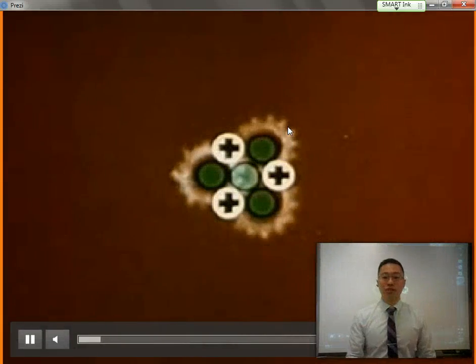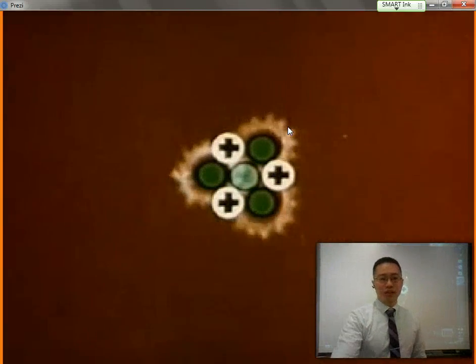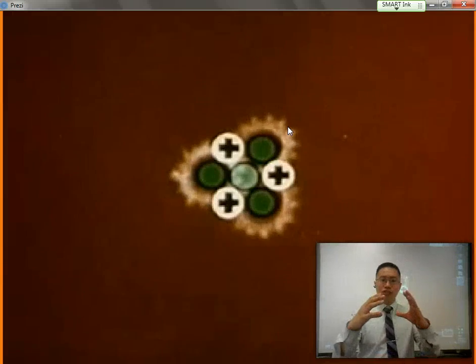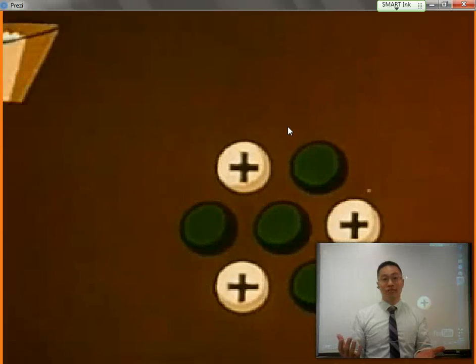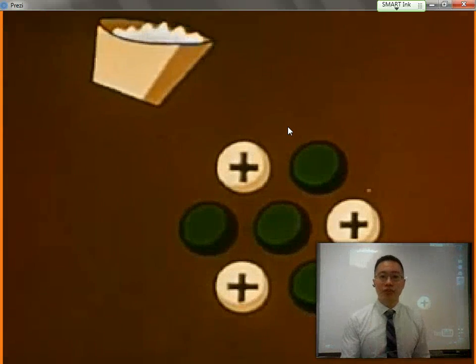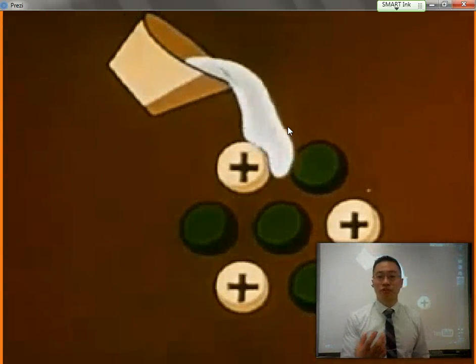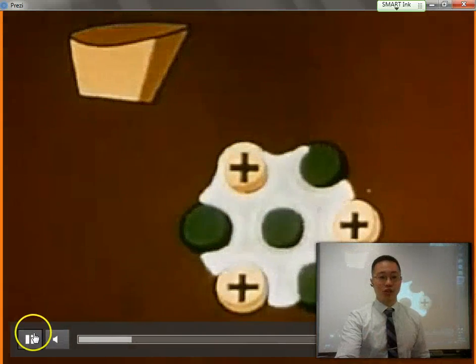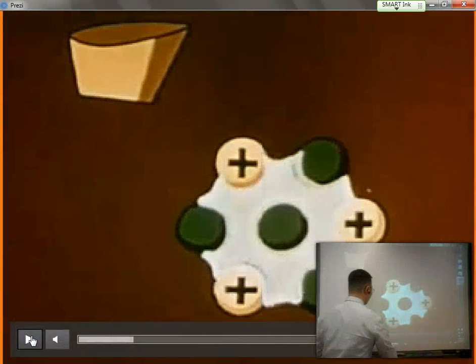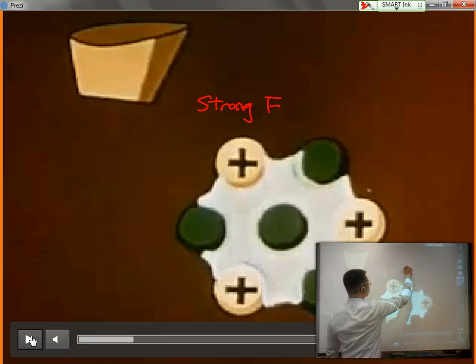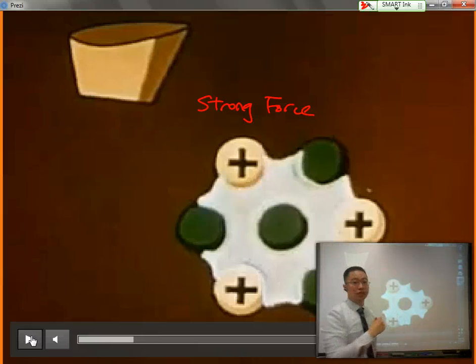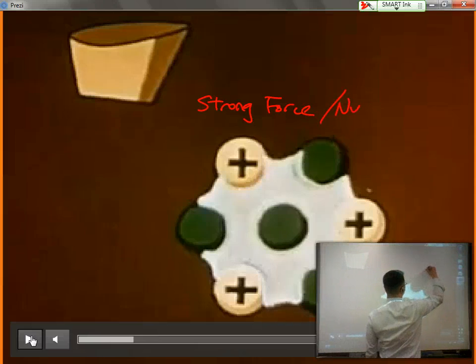But when you start talking about the inner workings of the nucleus itself, inside the nucleus we have neutrons and protons. And the problem is that those protons are positively charged and they want to repel away from each other, but they can't. And that's where we start talking about the fact that there's some sort of binding energy that's holding the nucleus together. And we call this the strong force. Okay? Or sometimes also called the nuclear force.